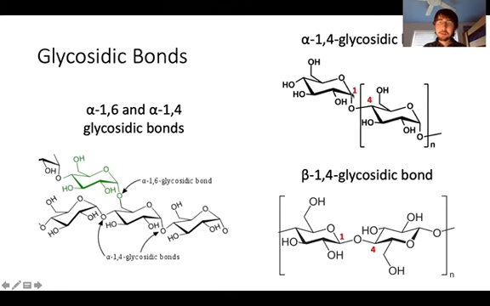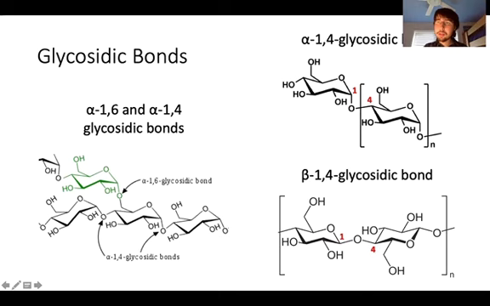It's called an ether because ethers are molecules in which you have an oxygen atom that is single bonded to 2 carbon atoms. So glycosidic bonds are ether linkages, and they're named based on the 2 carbon atoms that they connect in the different sugars, as well as whether they are pointing up or down.